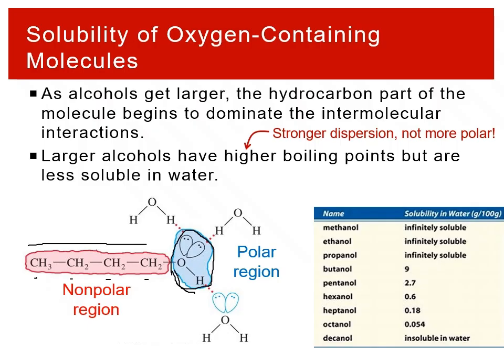So small alcohols, say 1, 2, 3 carbon atoms, are very, very soluble in water. But as you get bigger, 4, 5, 6, 7, 8, 9, 10, eventually it's insoluble in water. It's decreasing more and more, less and less soluble until eventually it's not soluble at all.